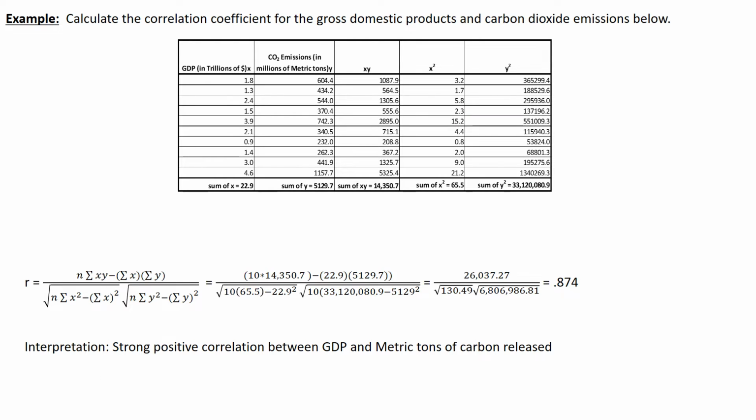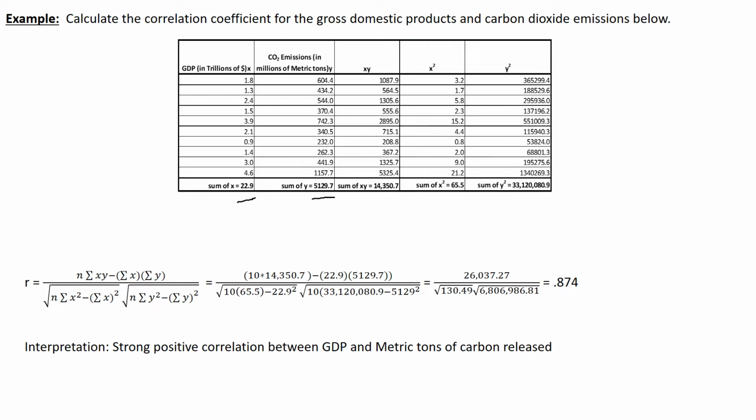Now I've used my formula here, and I used Microsoft Excel to show this. This is based on the gross domestic product of 10 countries here, and their relationship to CO2 emissions in millions of metric tons. First I've summed up the GDP, which is 22.6, and the sum of CO2 in metric tons, right here, that's my y.